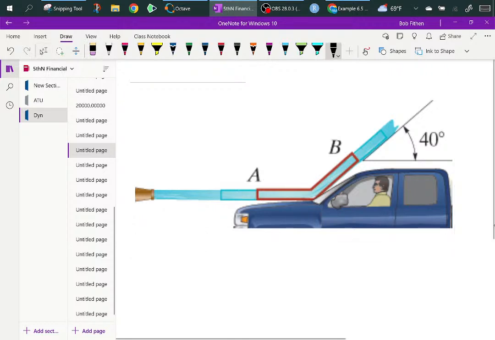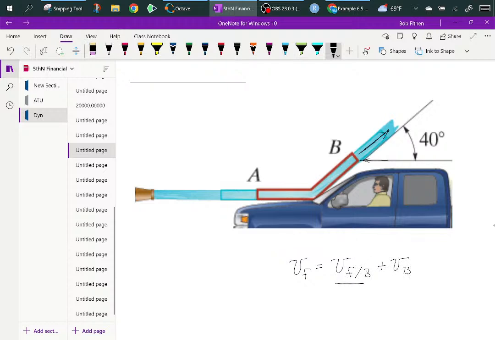What's funny is from the guy sitting in the truck, it appears to be going out like that, but the truck is moving to the left at 5. So it's kind of like the velocity of the fluid is equal to the velocity of the fluid relative to the truck plus the velocity of the truck.